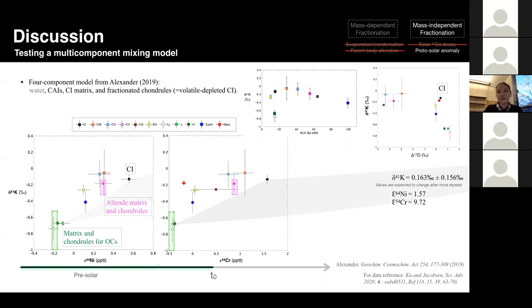So if mixing carbonaceous and ordinary chondrite reproduces the correlation that we see here, then we should expect that to work for other isotopes as well. But we just don't see the same sequence of objects in other diagrams.